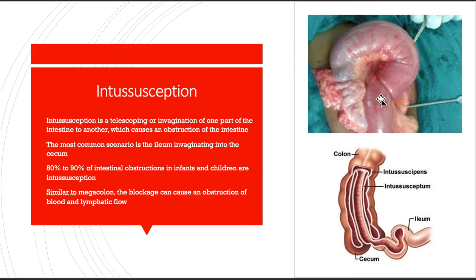So here's the piece of intestine, and it's going inside this one, and then it loops back around. So this is an obstruction, and baby's going to have a lot of pain, going to be extremely fussy. Abdomen is going to be distended, and when they do an X-ray, when they do some imaging, what they're going to see is that everything stops right here, because it's folded back on top of itself, and nothing can move.